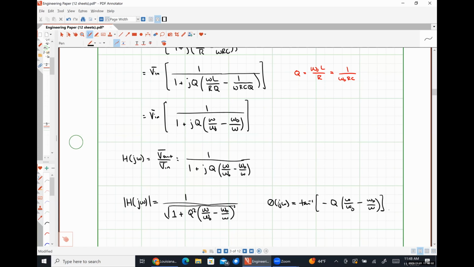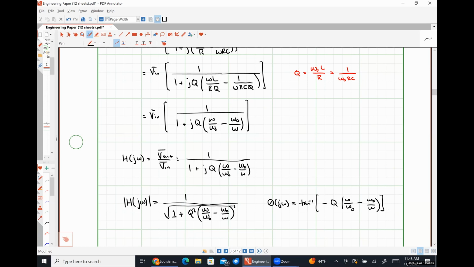This negative sign right here effectively comes about because I would wind up multiplying this thing by the complex conjugate of the denominator over the complex conjugate of the denominator. I would wind up with a negative sign in the numerator, and so that's why I will get a negative sign down here in my inverse tangent function.